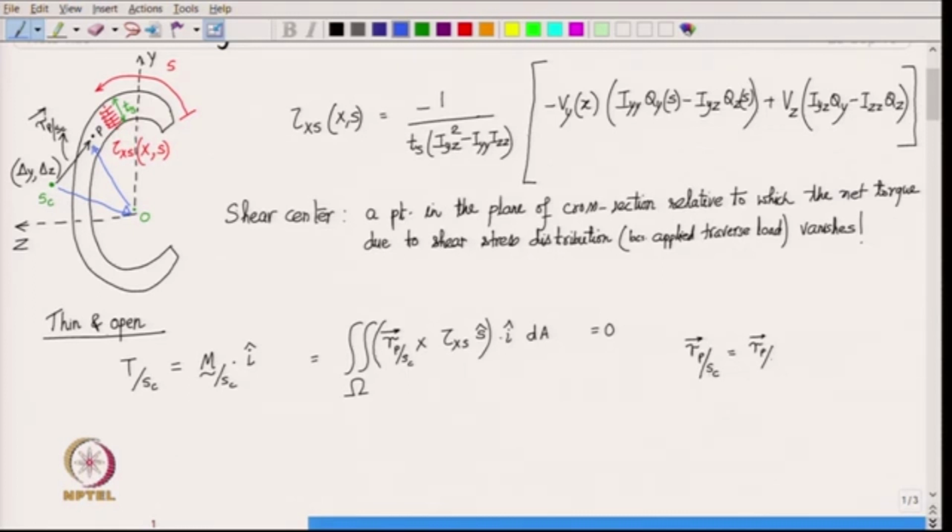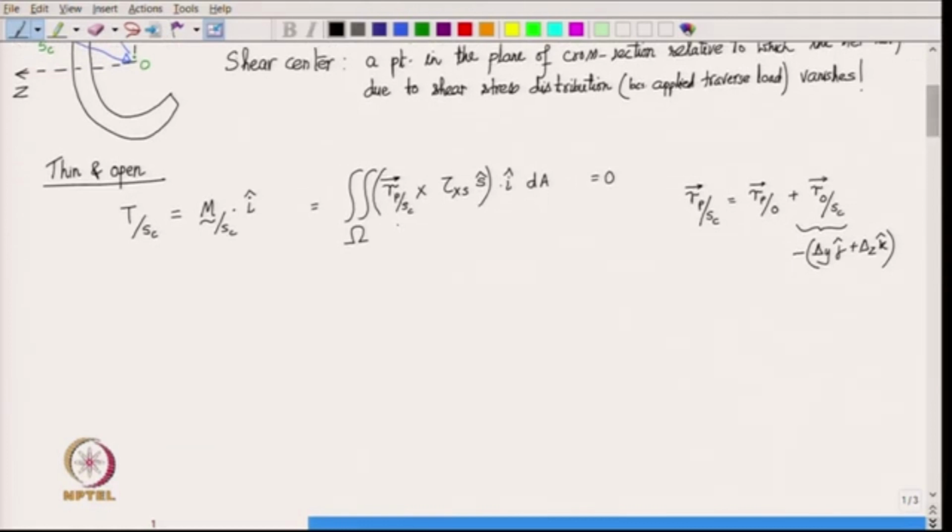So, on the right hand side we then have R P relative to O plus R O relative to the shear center, correct. So, this thing over here is minus of delta y of j plus delta z of k, is not it, because R O relative to S C is nothing but the negative of R S C relative to O, all right.